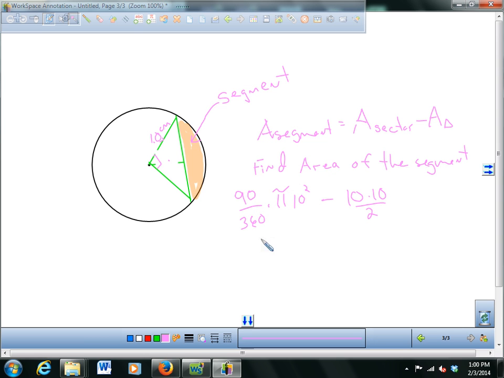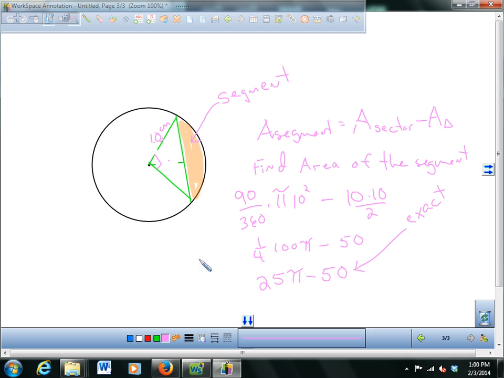So the area comes out to be 1/4 of 100 pi minus what? What's 10 times 10 divided by 2? 50, which can be simplified to 25 pi minus 50, and this is called an exact answer. This is called exact.